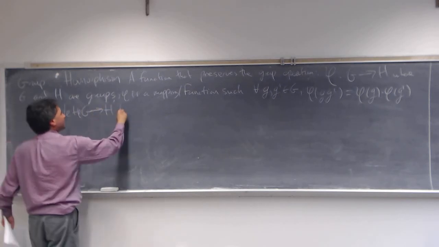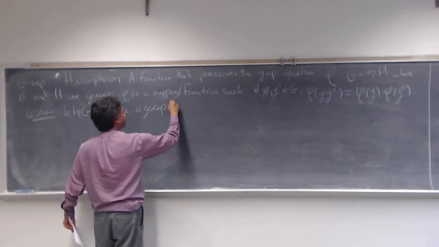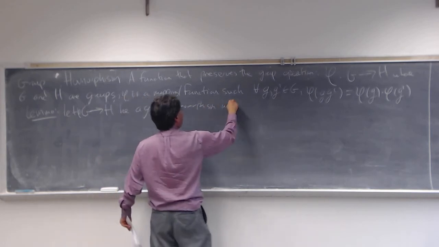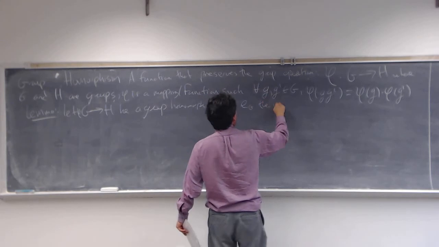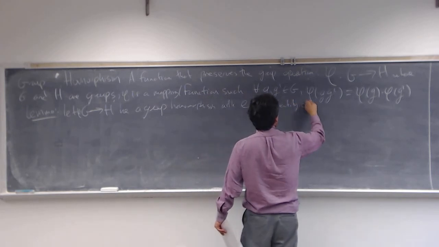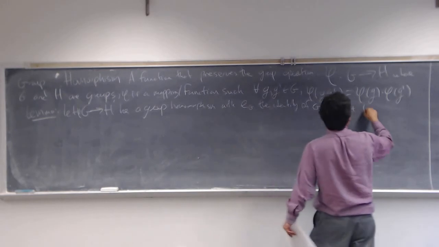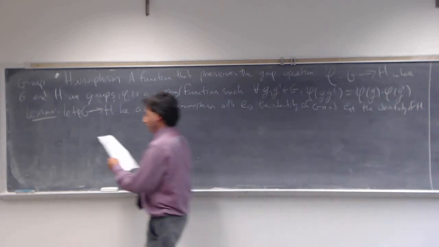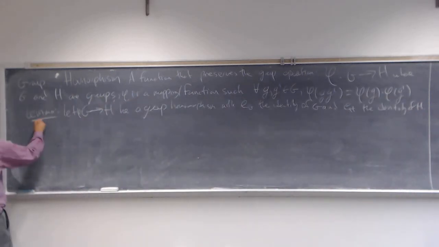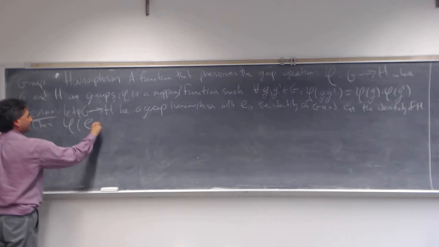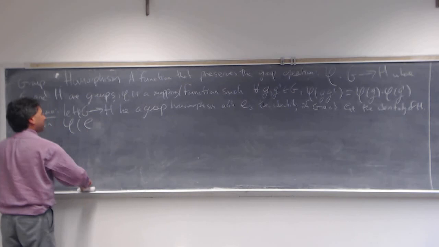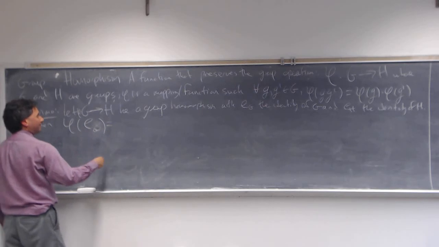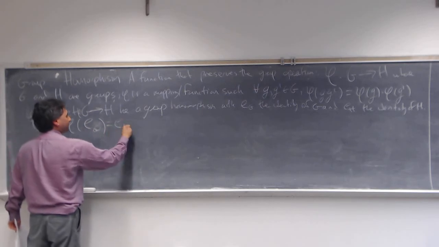Let phi going from G to H be a group homomorphism, with e sub G the identity of G, and e sub H the identity of H. Then if we stick e sub G into the mapping, the output is just the identity.